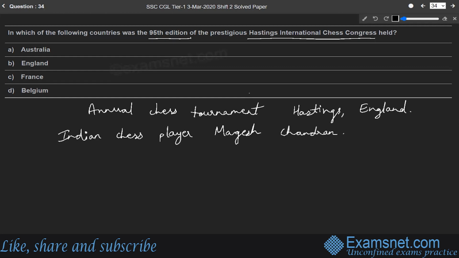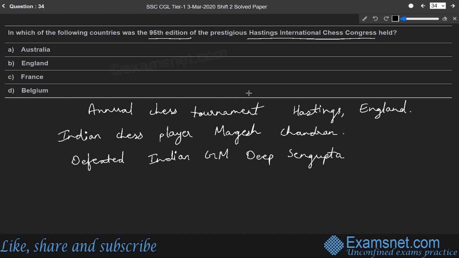Magesh Chandran defeated Indian GM Deep Sen Gupta in the 8th round to win the title.